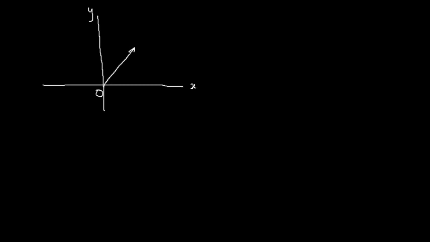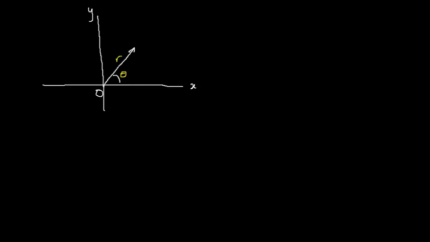So we might imagine we describe this vector by the length and the angle to the x-axis. So that would be some angle, say theta, and some length r. Okay, so we know how to do that.